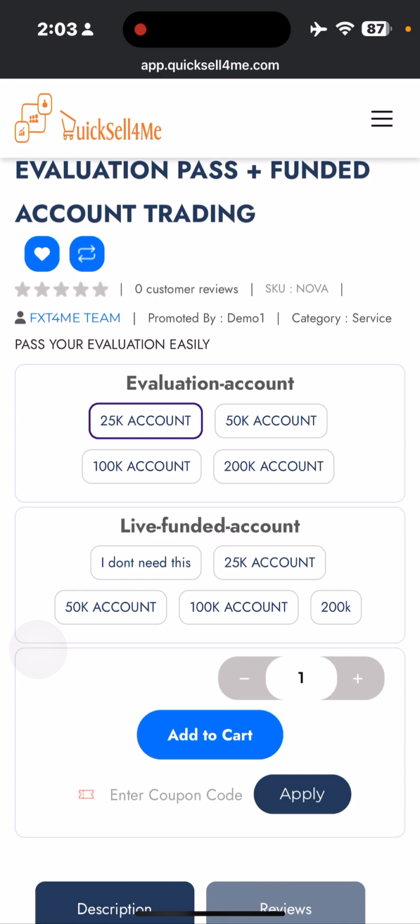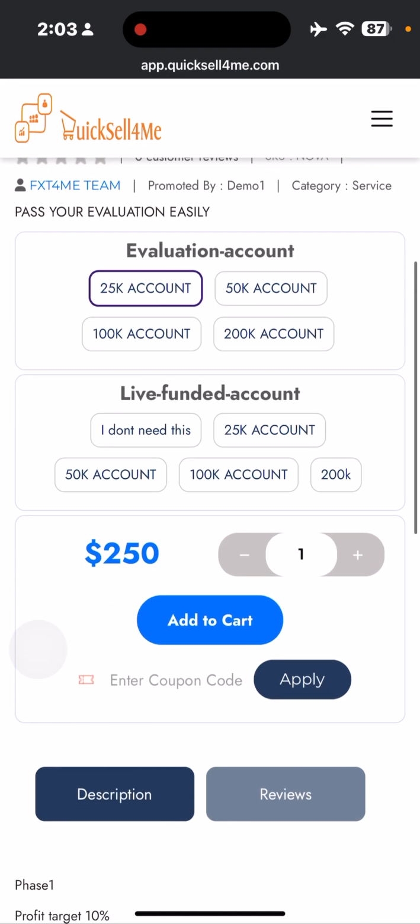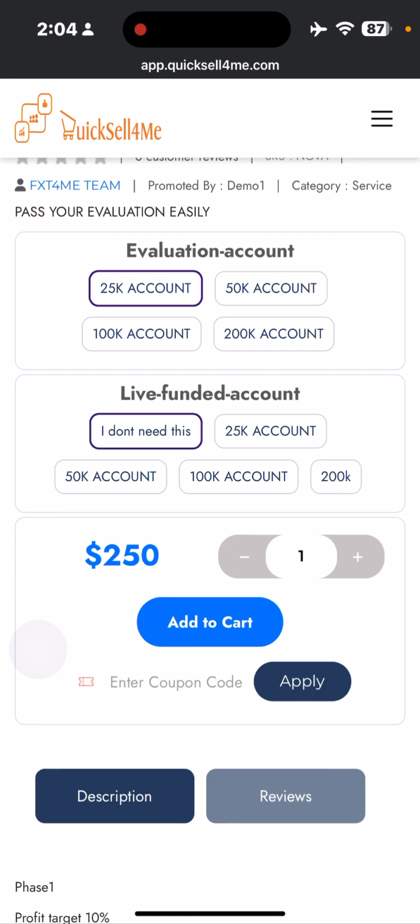Now, for us to be able to help you pass, you will choose the account size you are buying. So let's say this is 25k, this is 50k, this is 100k, while this is 200k. For an account of 25k, if you only want to go for evaluation, you click on evaluation, then you click on I don't need this, which means you don't want us to trade the live funded account for you, which means you can trade that one on your own.